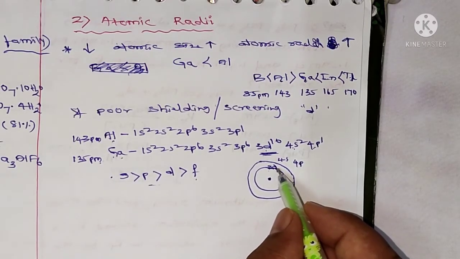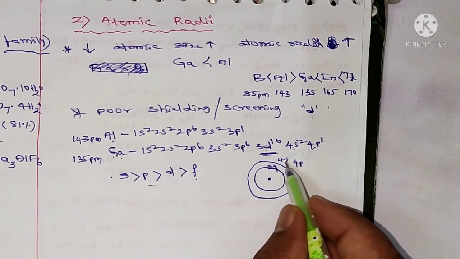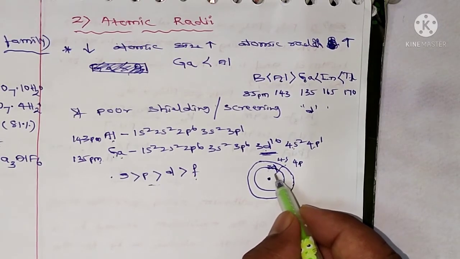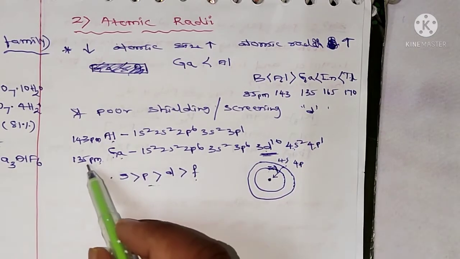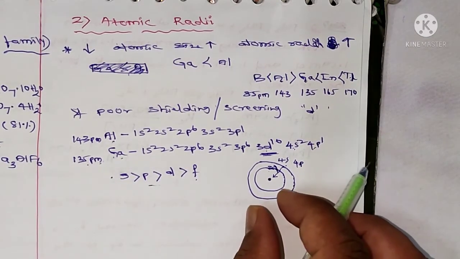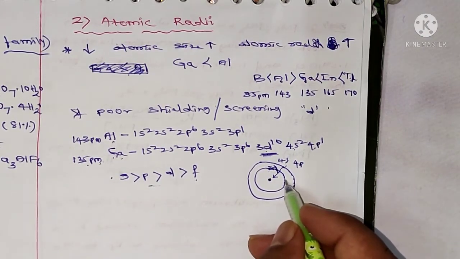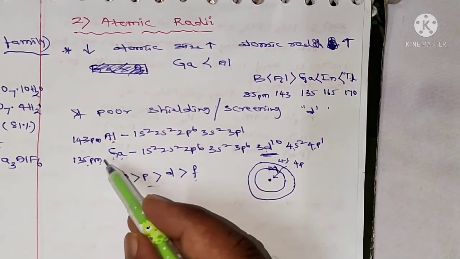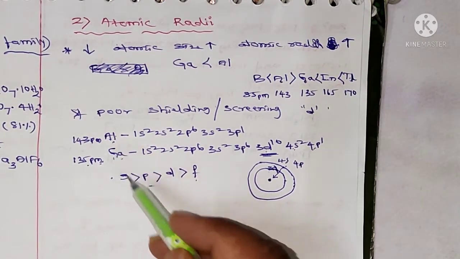The 3d orbitals have less shielding or screening effect. Due to that, 4s and 4p electrons are strongly attracted towards the nucleus, so the gallium atomic size decreases. Consequently, atomic radii decreases, so gallium has less atomic radii than aluminium.